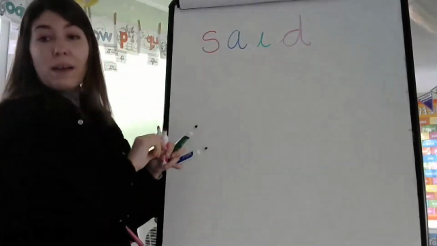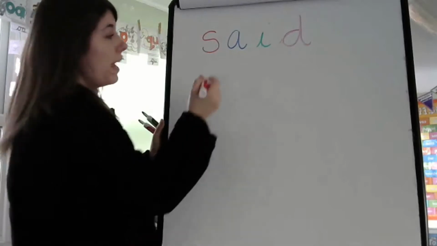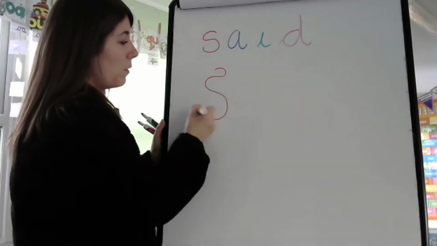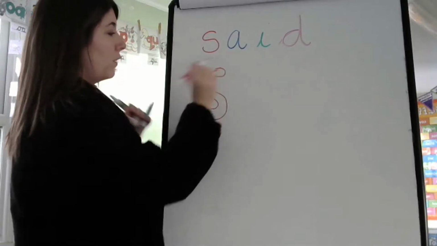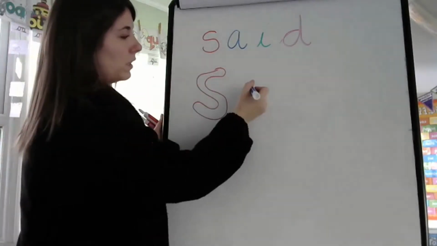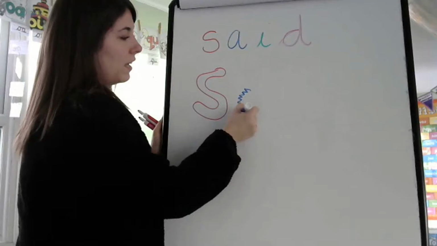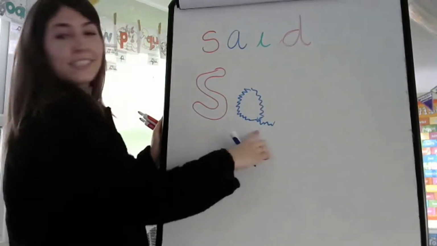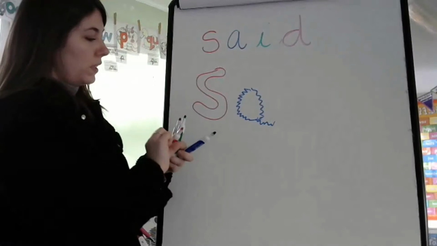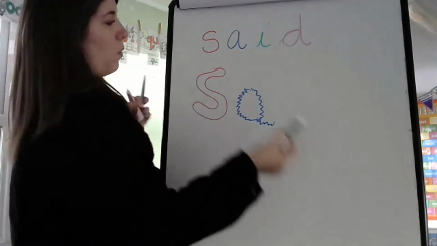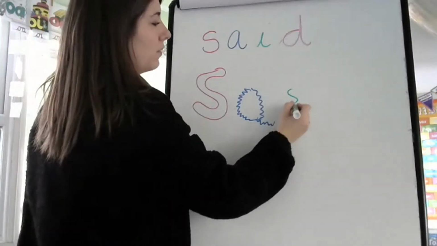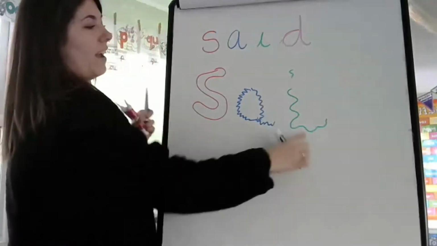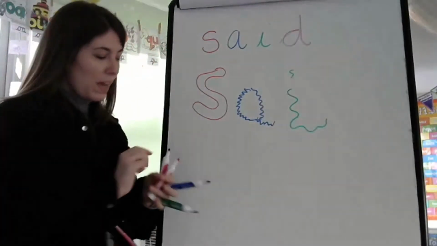I could also have a go at writing my letters in unusual ways. Maybe I want to use bubble writing to spell my word in different colours. I might want to use some zigzag letters that look like my word S-A. I might want to use some wiggly letters to write my word. So I'm still looking like an S-A-I, but I'm writing them in different ways.